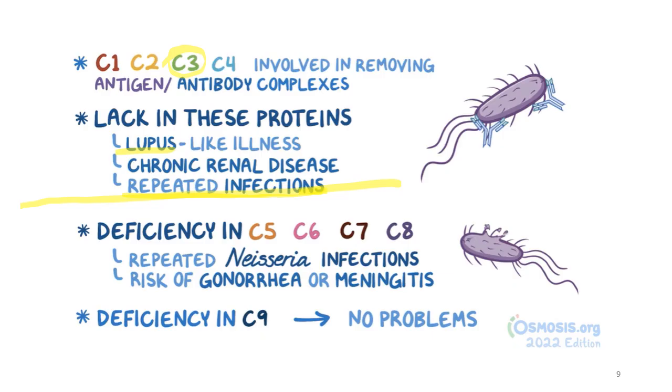Lower number, bigger problem. If you have a problem with expressing the higher numbers of the complement proteins, like C5, 6, 7, or 8, okay? Now you end up developing one specific type of recurrent infection.